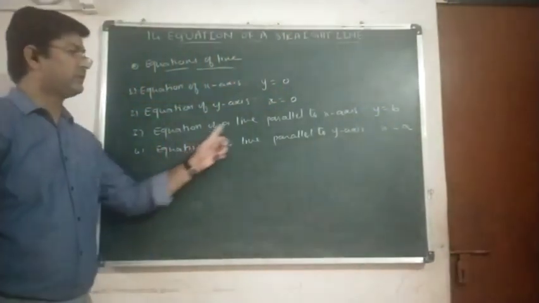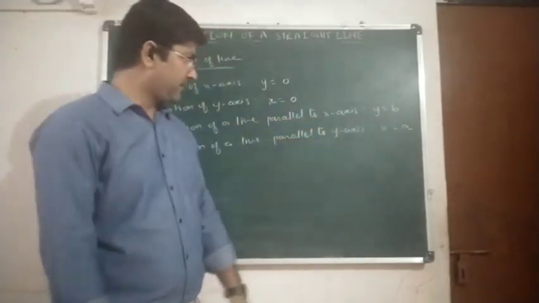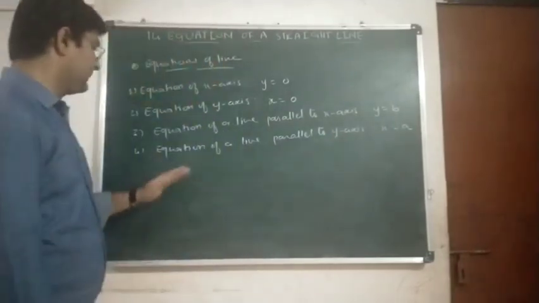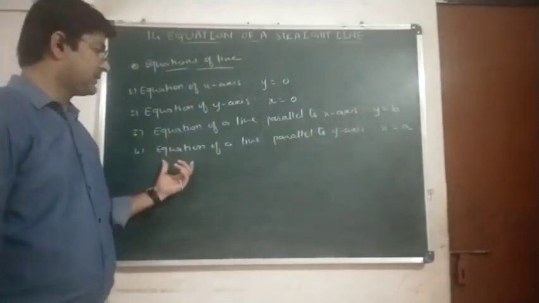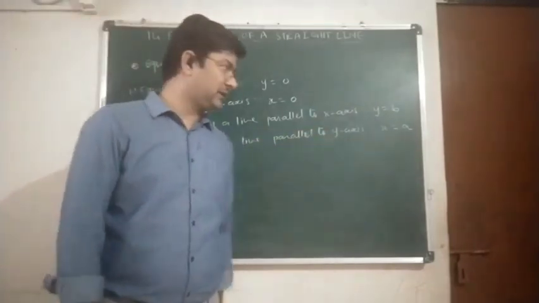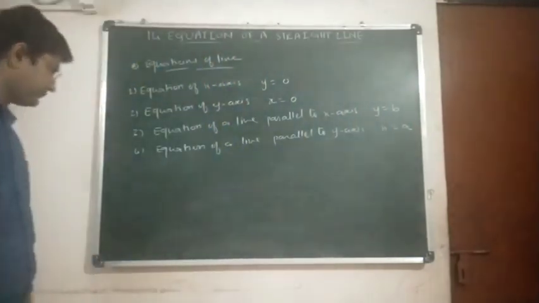Now in the equation of a line parallel to the x-axis, y is equal to b, where b is the y-intercept, clear? And in the equation of a line parallel to the y-axis, x is equal to a, where a denotes the x-intercept, clear?